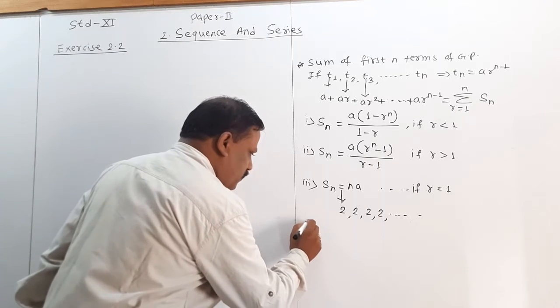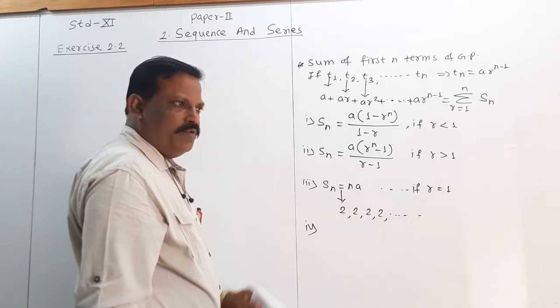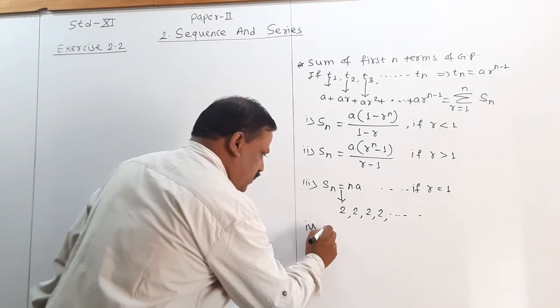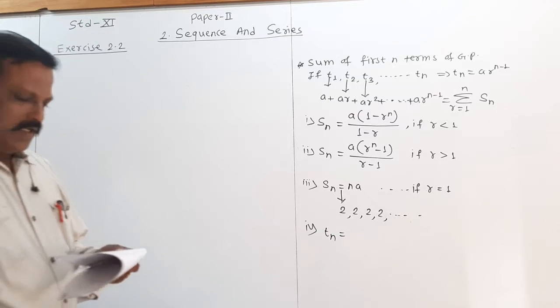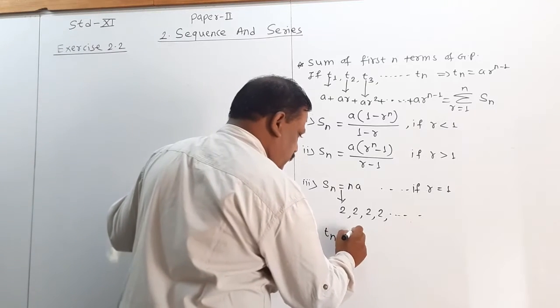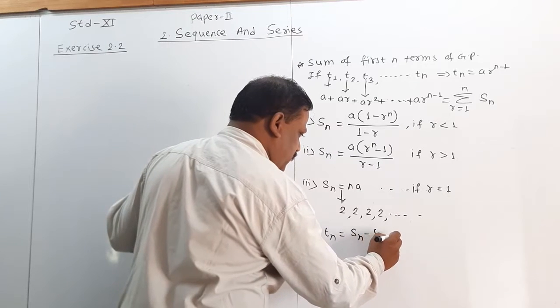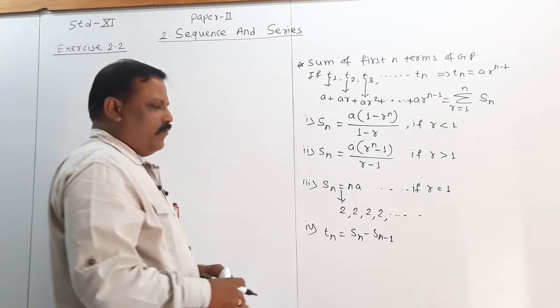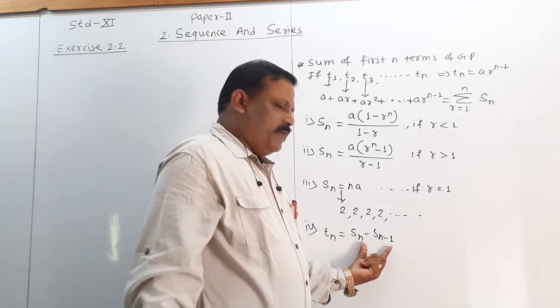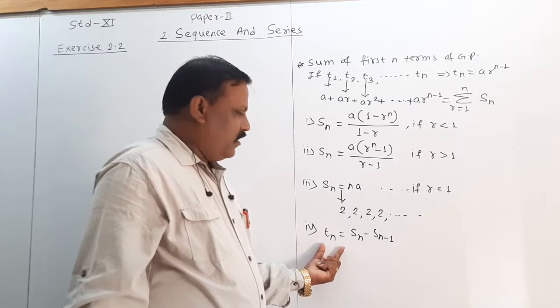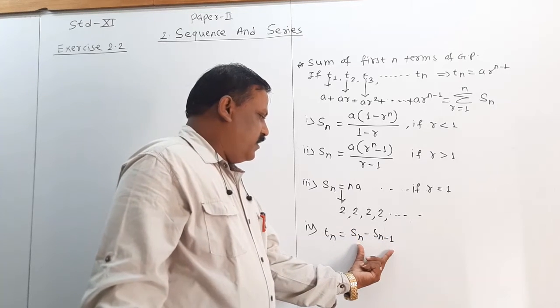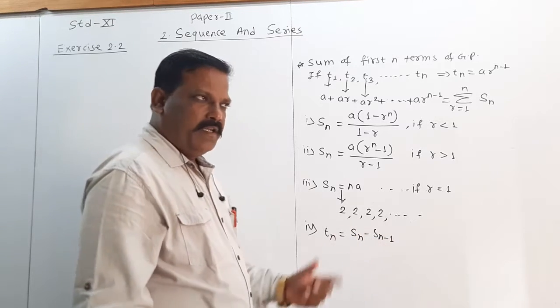Number 4, sometimes we use Tn equal to Sn minus Sn minus 1. From the geometric progression, we calculate the nth term by using this relation, Sn minus Sn minus 1.